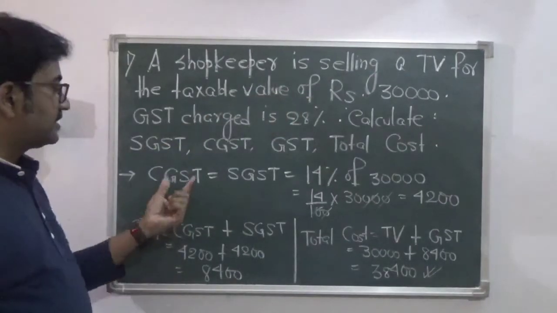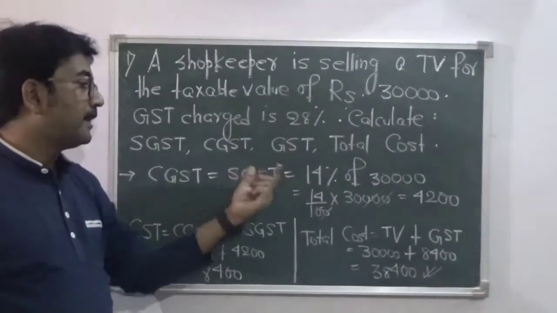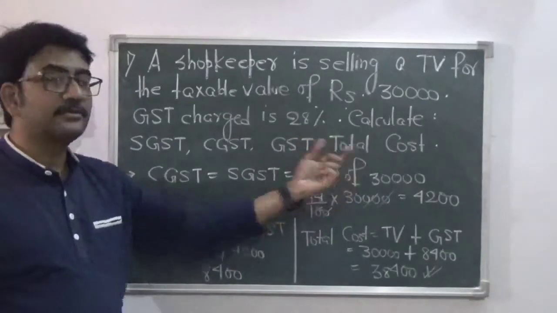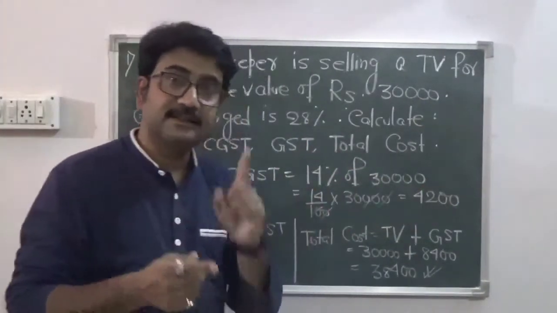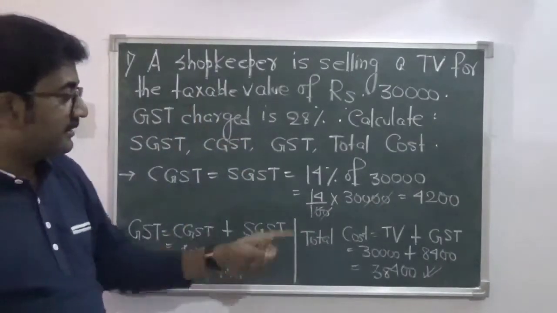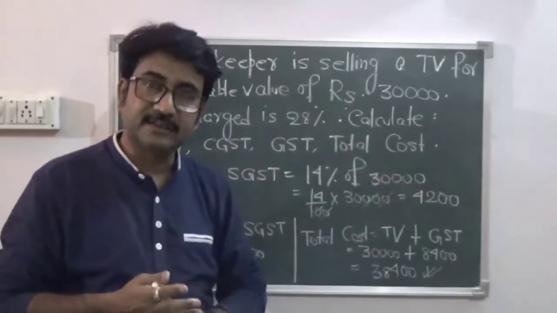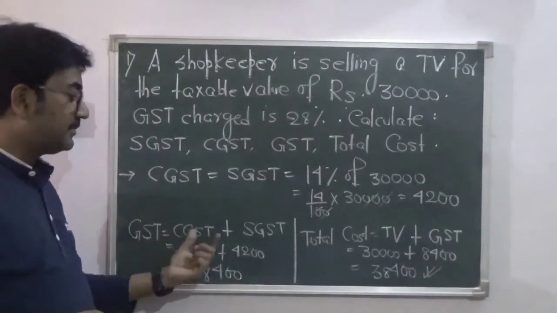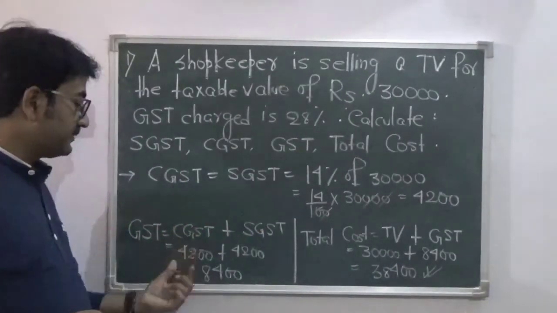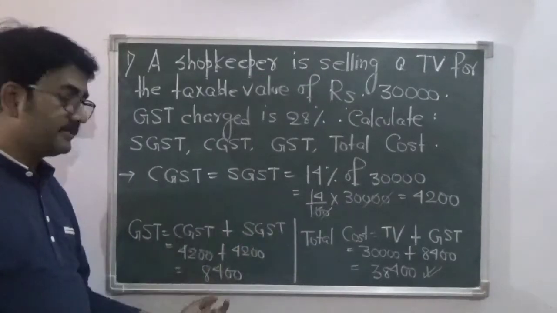So CGST will be equal to SGST, and that will be equal to 14% of 30,000, that comes to rupees 4,200. So 4,200 is CGST and 4,200 is also SGST. The total GST is equal to CGST plus SGST. So it is 4,200 plus 4,200, that comes to 8,400.